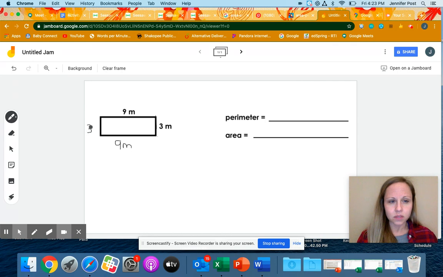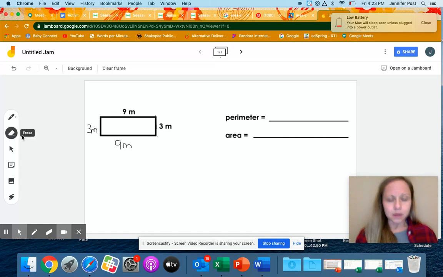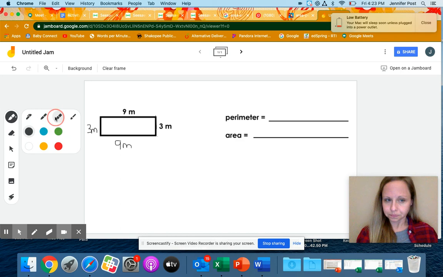That's how we always want to start out, by labeling our missing sides if there are some, right? And so now for the perimeter around, I always like to mark where I begin, so that when I go around, I can keep track of the sides I've already added.